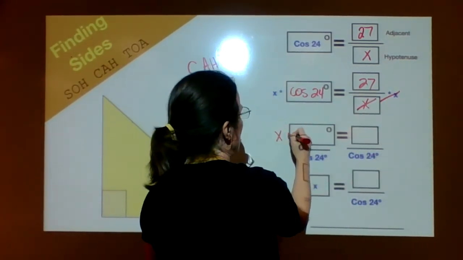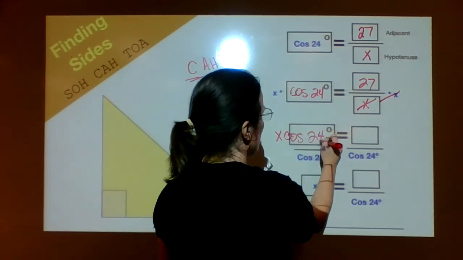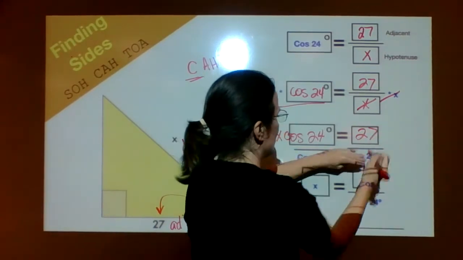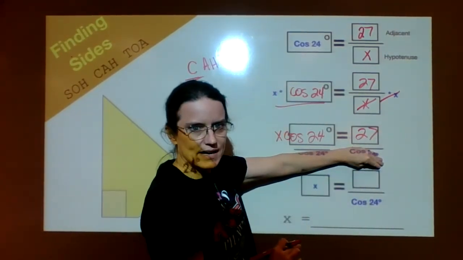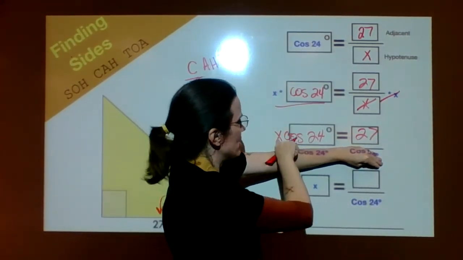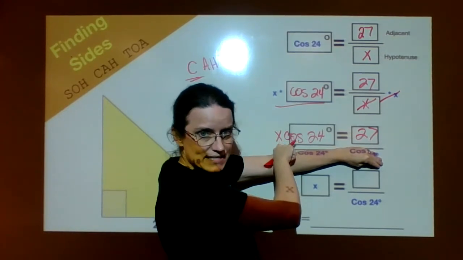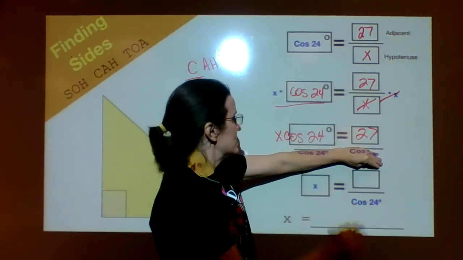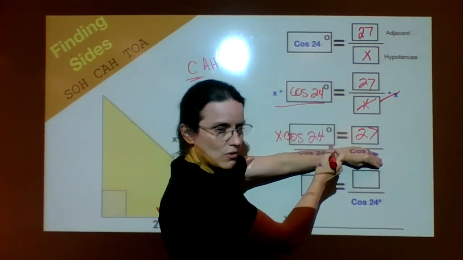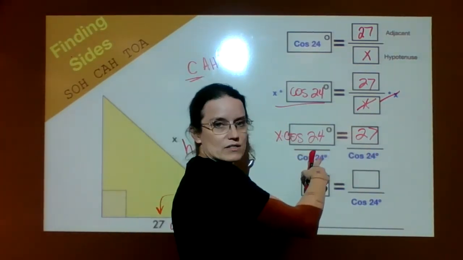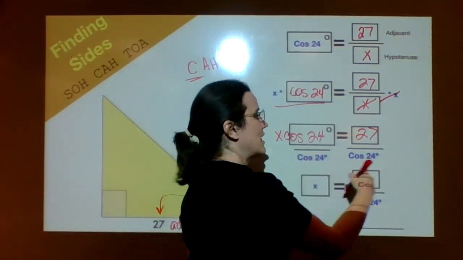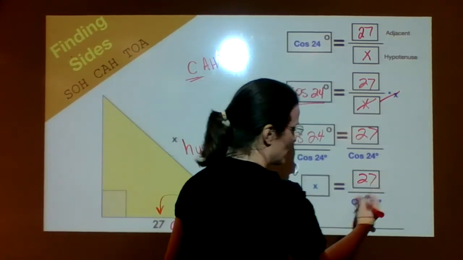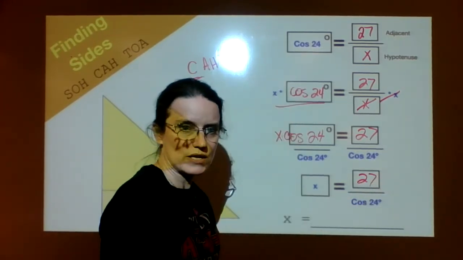That's going to leave me with X times the cosine of 24 over here on the left, and over here I just have the number 27 all set up there. Now I still want this X by itself, but it's multiplied by my cosine 24. To get rid of a times cosine 24, I'm going to divide by cosine 24. If I divide on the left, I divide on the right. So X is going to equal whatever 27 divided by the cosine of 24 is.